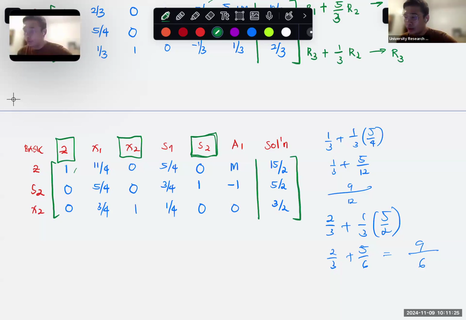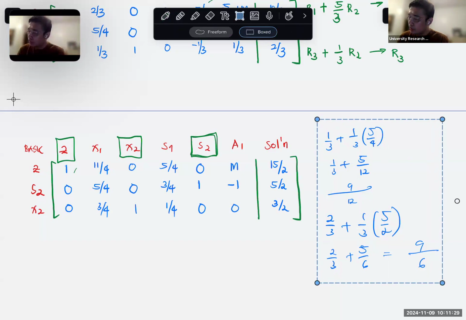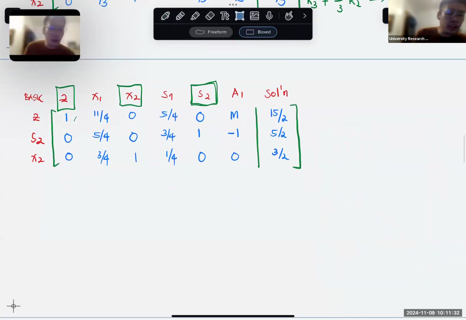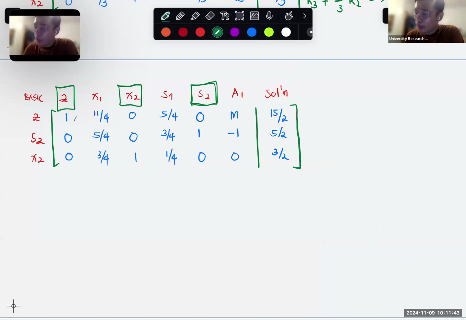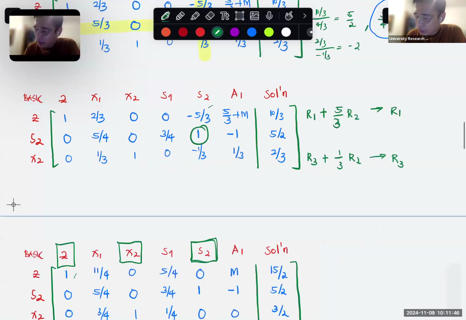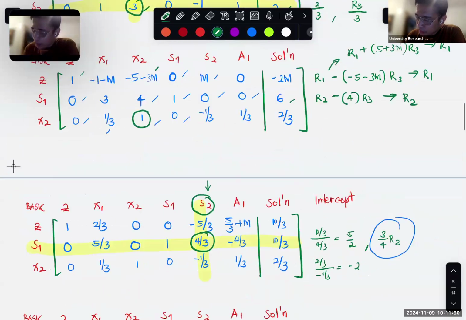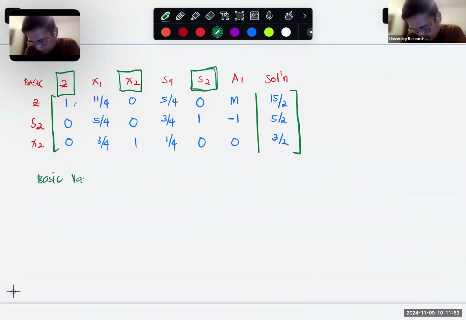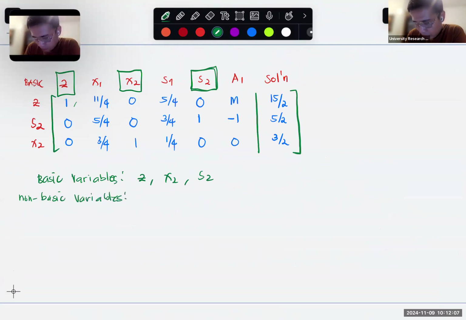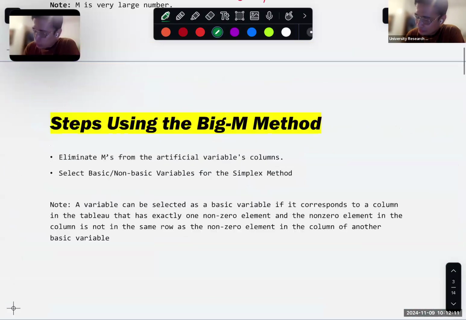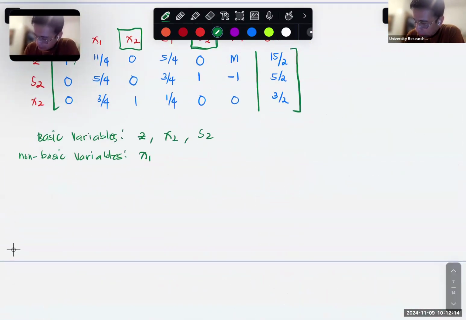There are only 3 columns which contain one non-zero. Based on this, once you were able to identify our basic variables, in short, my basic variables are Z, X2, and S2, while our non-basic variables are X1, S1, A1.